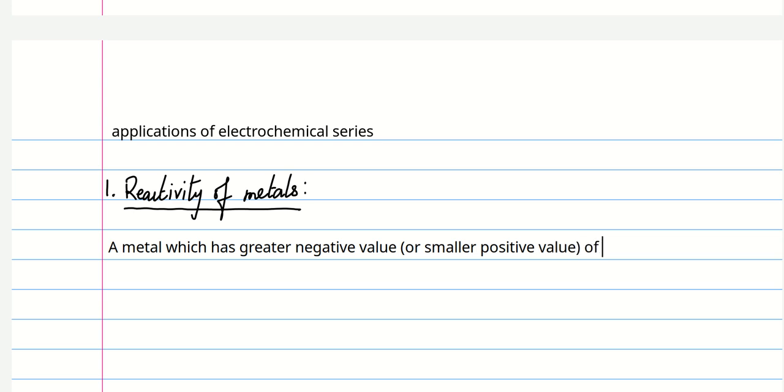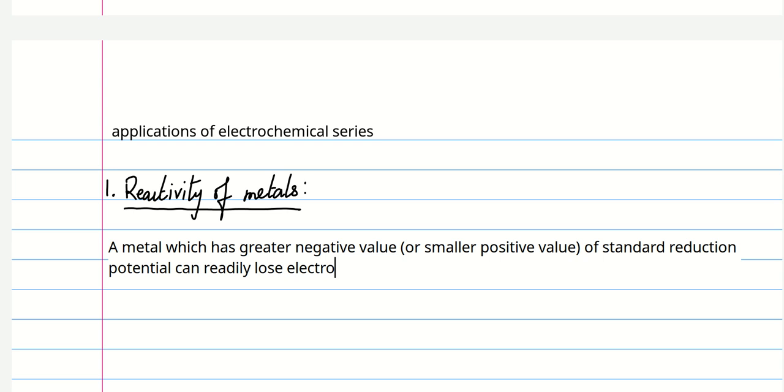A metal which has a greater negative value or a smaller positive value of standard reduction potential can readily lose electrons and form positive ions, or cations.